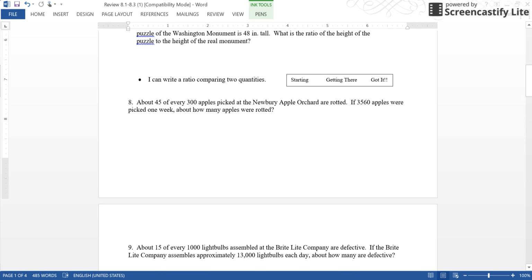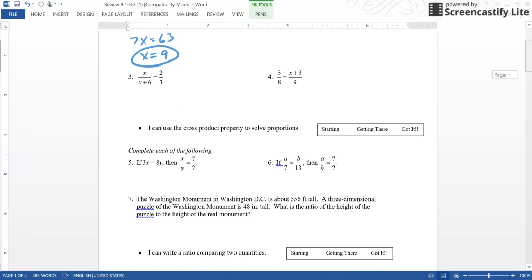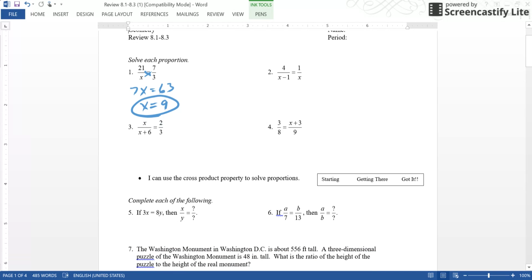Okay. Once again, whoops. So we are going to cross multiply again. So I'm going to cross this. Remember to put parentheses around here. I get 4x equals 1 times x minus 1. So the parentheses really didn't matter here because it's 1.